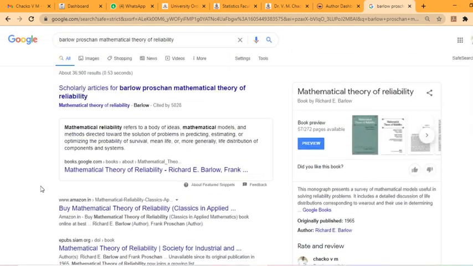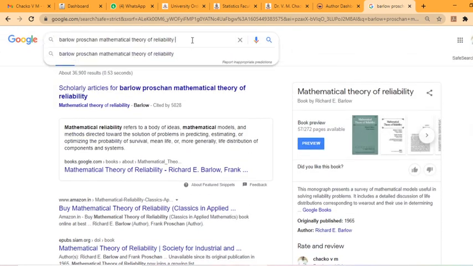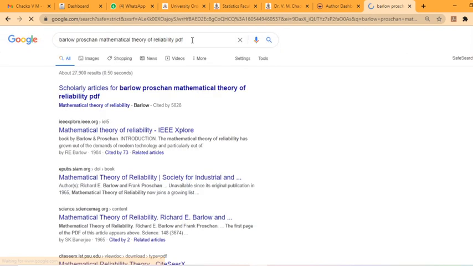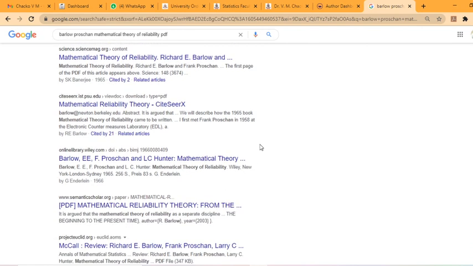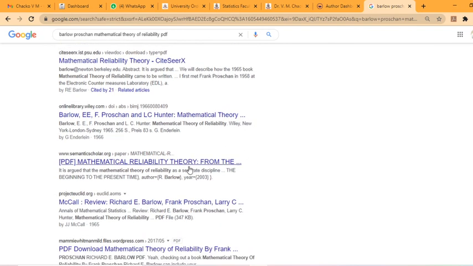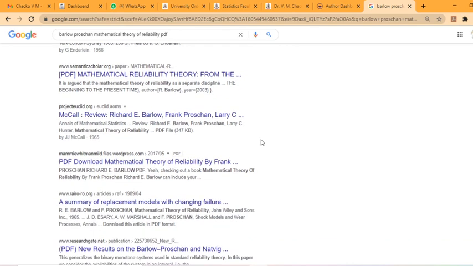The PDF is not available at the same time. Let me try for the book. If I can download this book, I will send you. No problem.